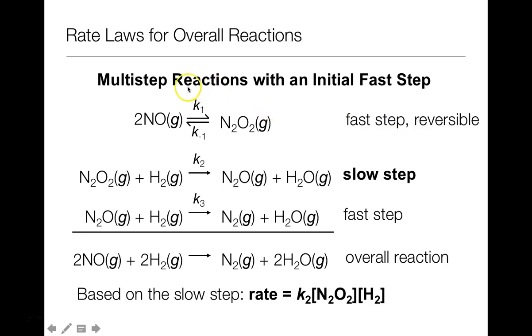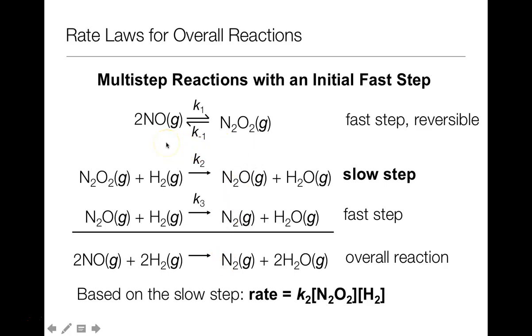So let's take an example of just a chemical step, in which we have a fast, reversible first step. We'll look at the overall reaction of 2NO plus 2 molecular hydrogen producing N2 and H2O. That's our overall reaction. But let's break this down.